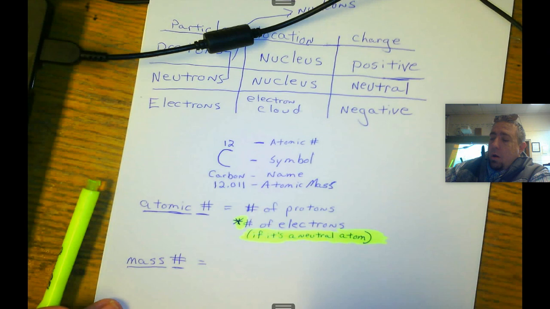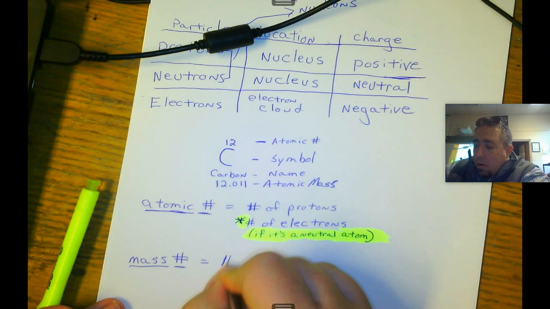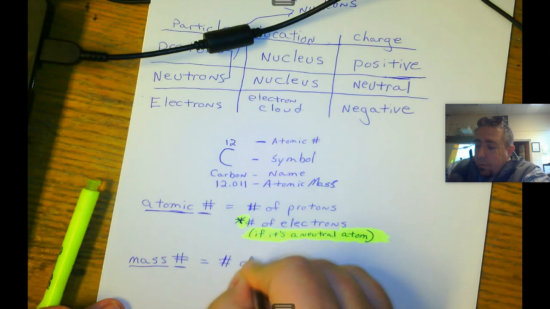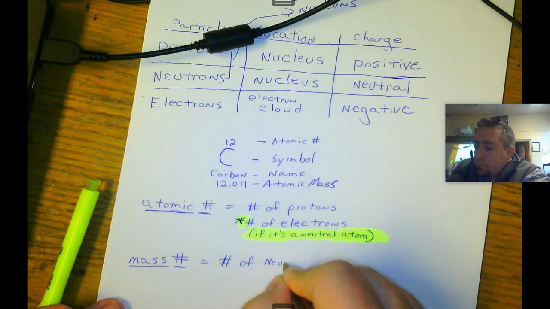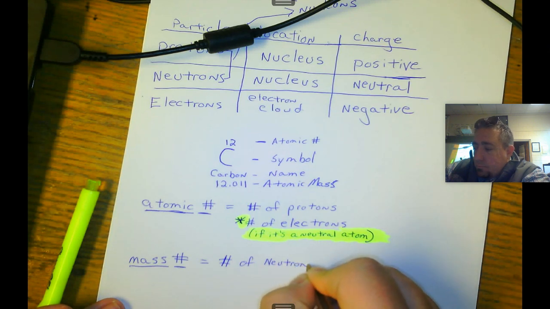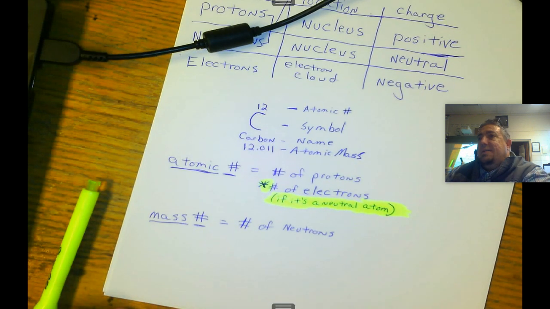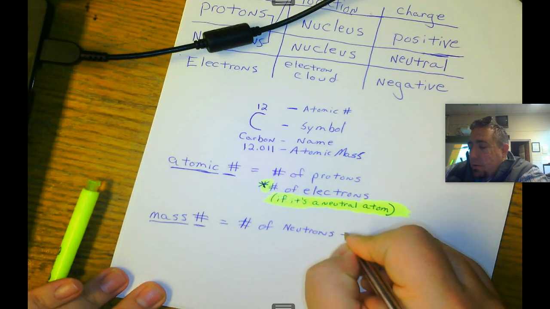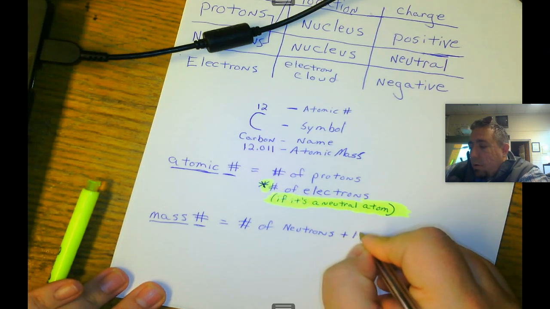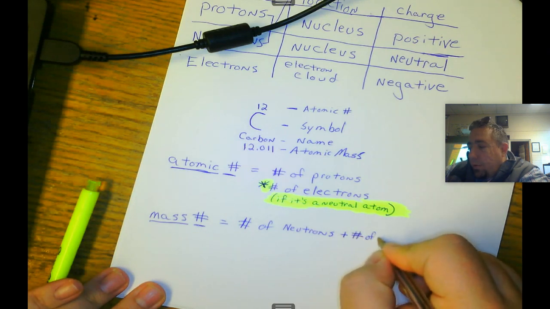All right, so the mass number is the number of neutrons plus the number of protons.